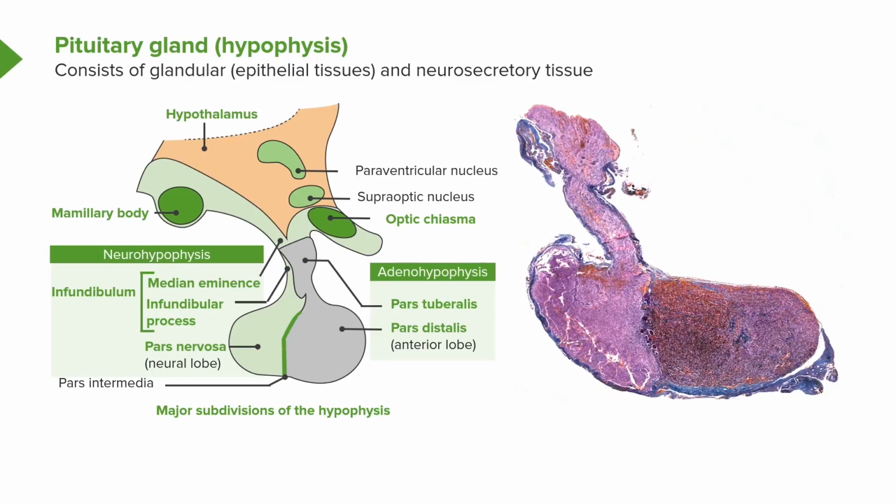The pituitary gland sits in a depression called the sella turcica in the sphenoid bone at the base of the brain, at the base of the skull.